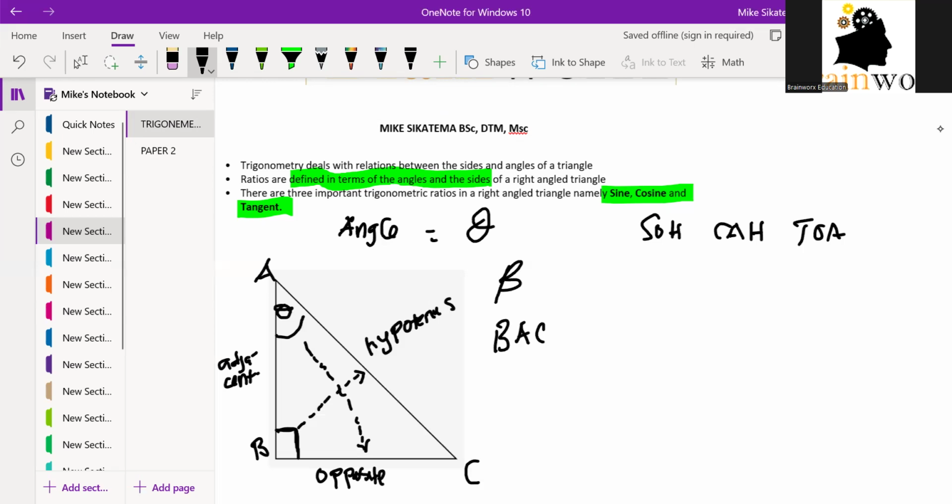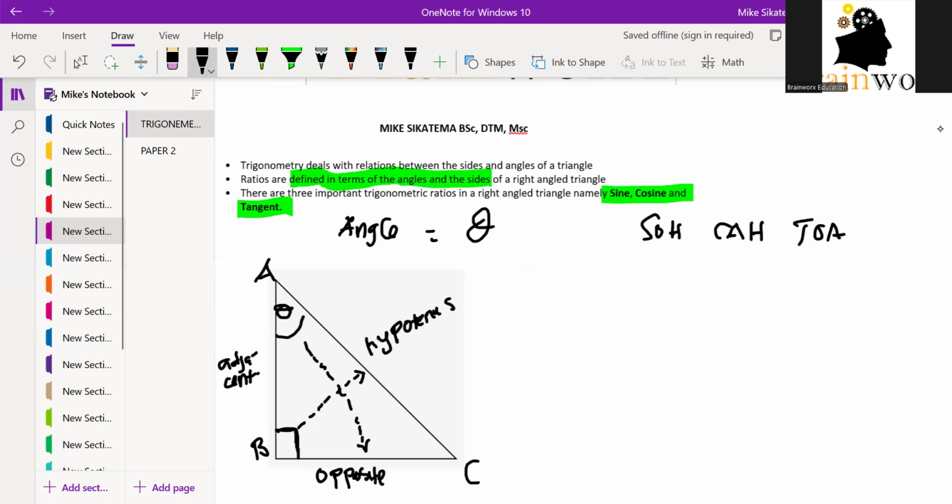Don't just say this is angle theta and say sine theta is opposite over hypotenuse. No, it has to be in reference to a given angle. And this time the angle that has been given is angle theta. So we're going to define our trigonometric ratios based off this given angle right there.